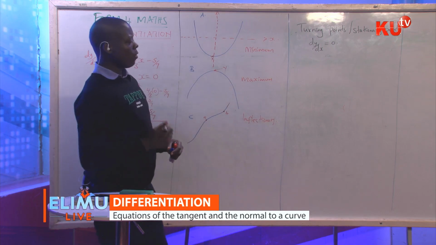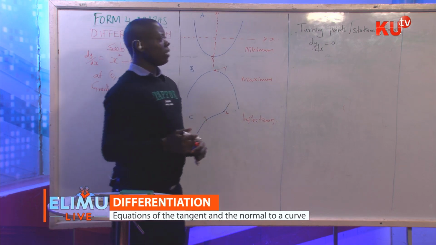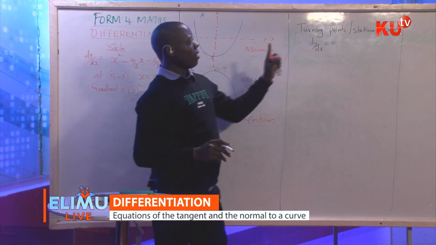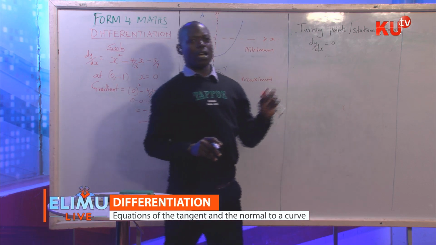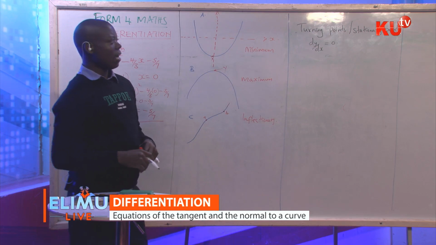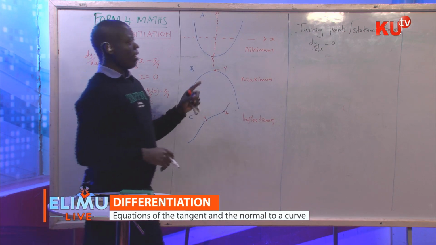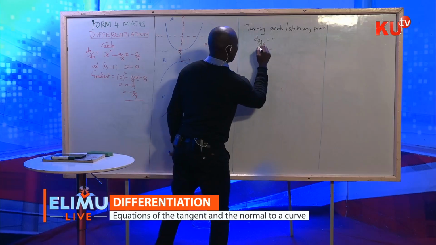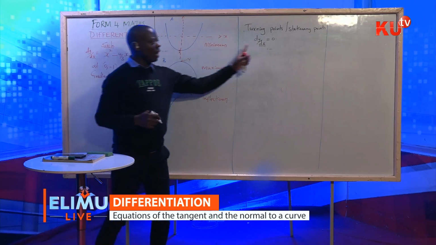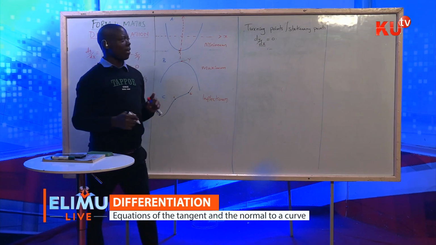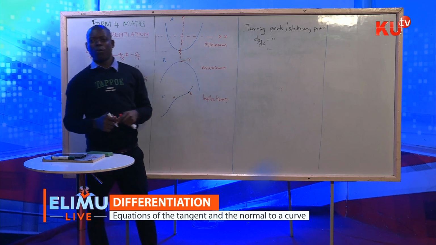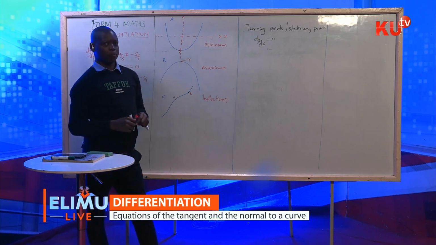So whenever you are asked to determine the turning point, what you need to do is differentiate the function and equate to 0. We've seen how to differentiate to get the dy dx. Then once you've found the dy dx, equate it to 0, and you will get the turning point.